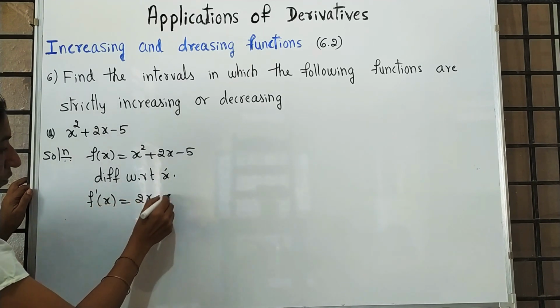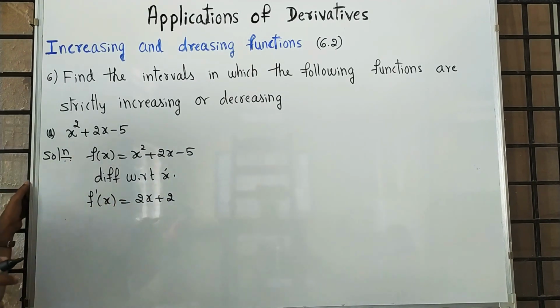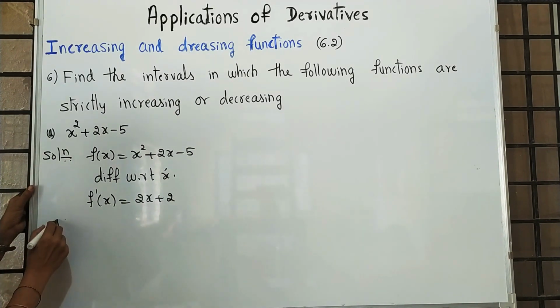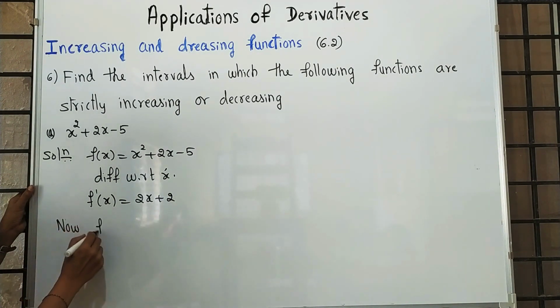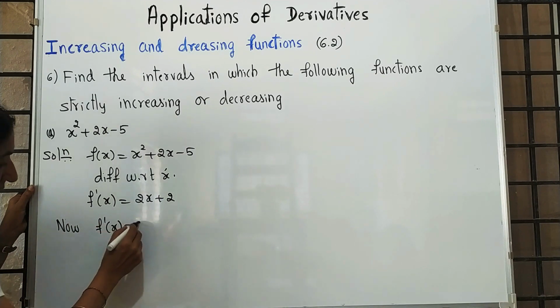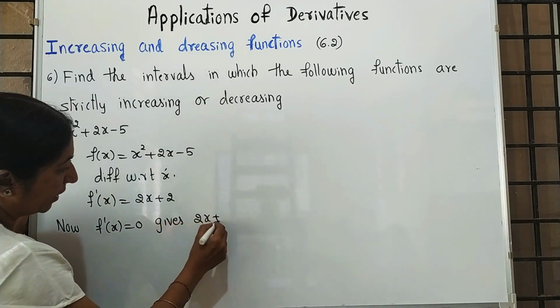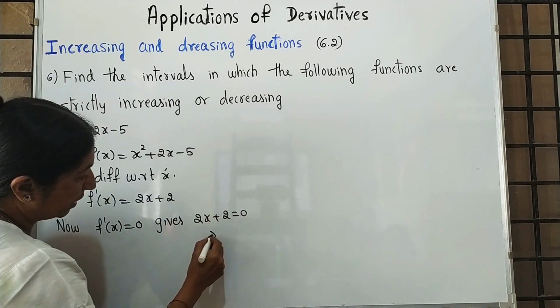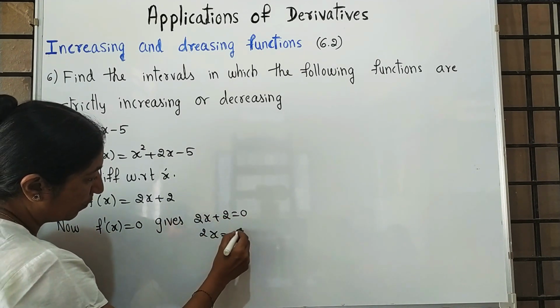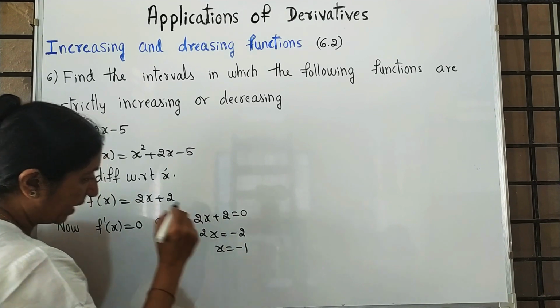The first derivative is what? 2x plus 2. And you know that when you are finding the intervals, we have to equate the first derivative with 0. Now f dash of x is equal to 0 gives 2x plus 2 is equal to 0. That is 2x is equal to minus 2, x is minus 1.